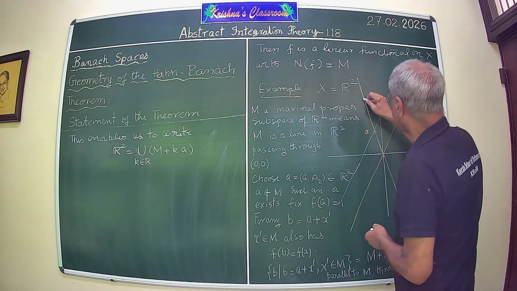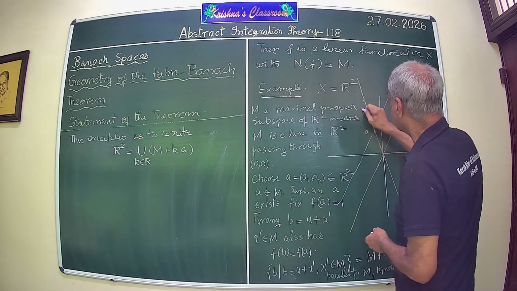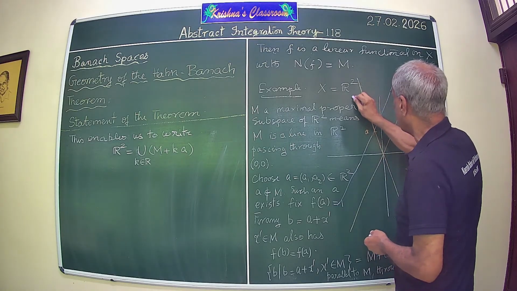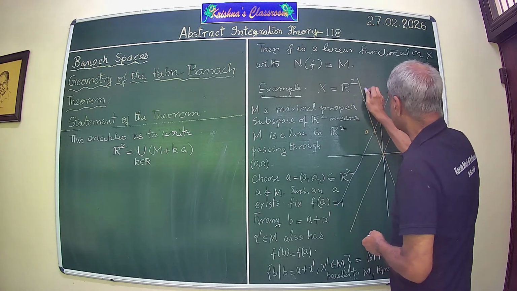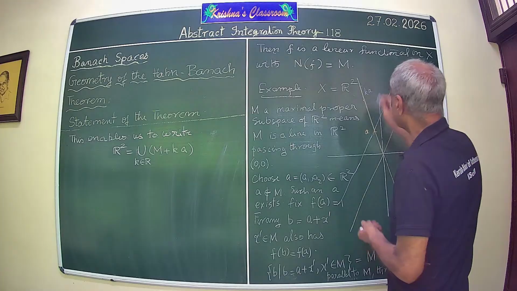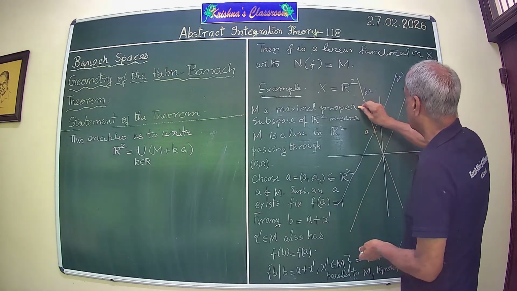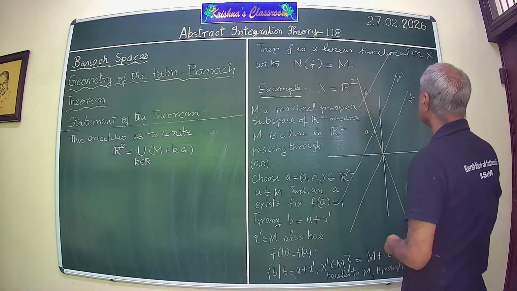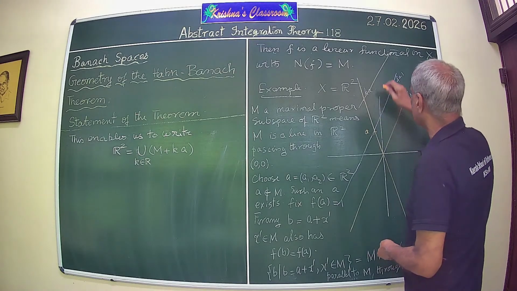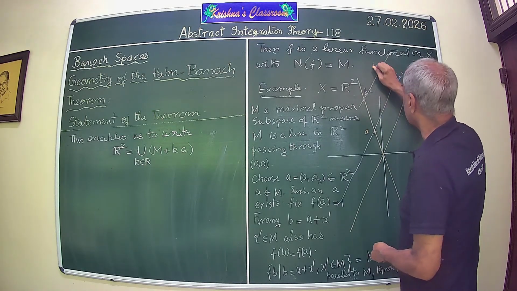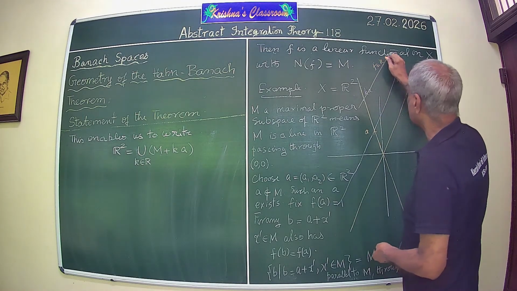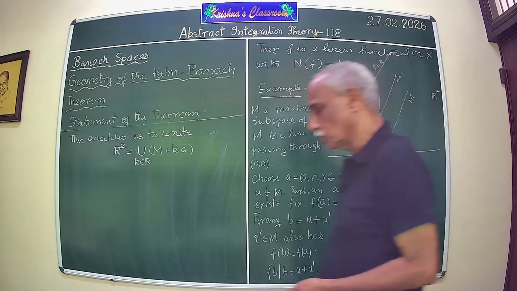If you take KA, suppose this is the point KA, then you have a line passing through this, which is parallel to M. So on this, f is equal to K. Okay.